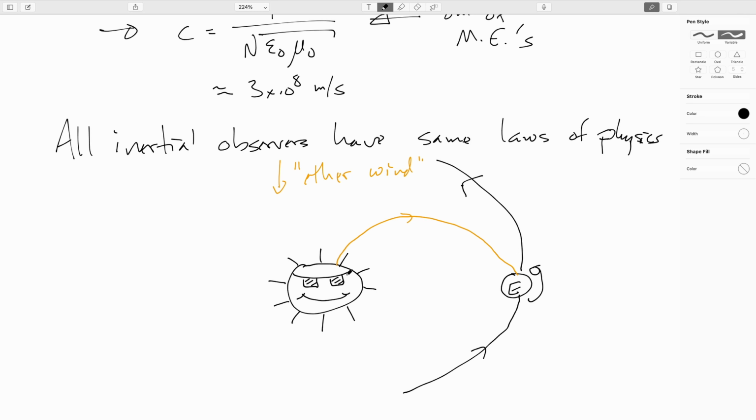So we were able to figure out that to within a few meters per second, I think they got to even less than a meter per second, they figured out pretty quickly that the sun basically couldn't be moving with respect to this ether wind. But that did mean that the Earth is not in the same frame.